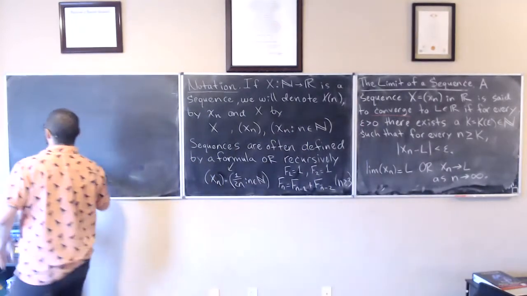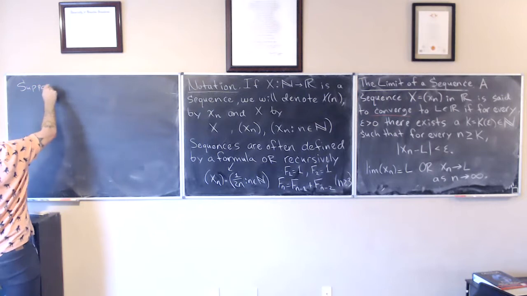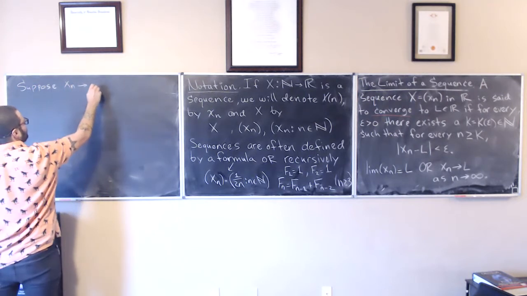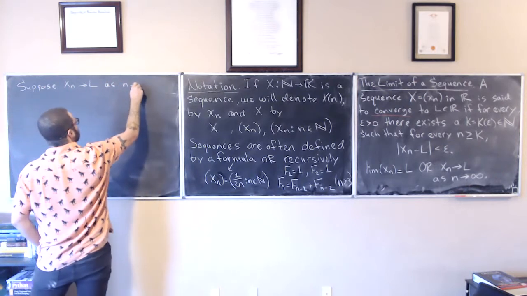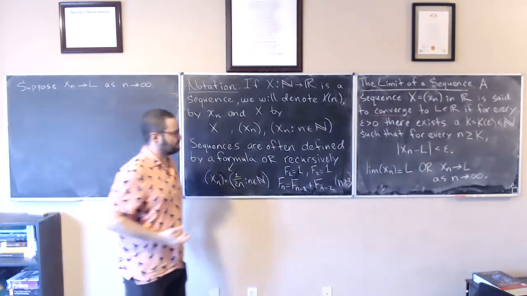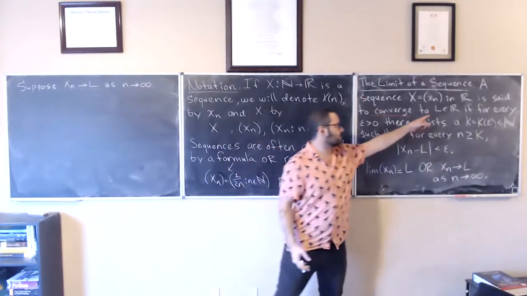Let's suppose for the moment that the sequence xn converges to L as n goes to infinity. Let's imagine that some sequence satisfies this definition for some real number L.